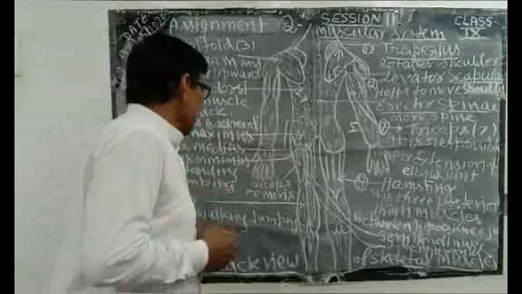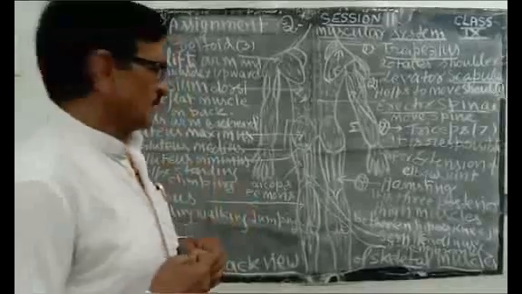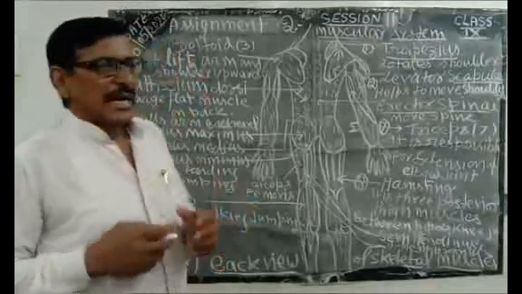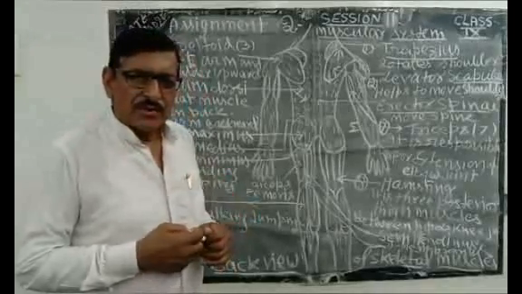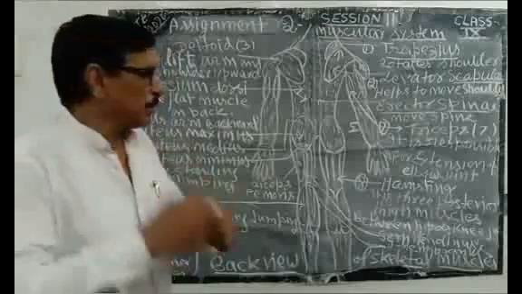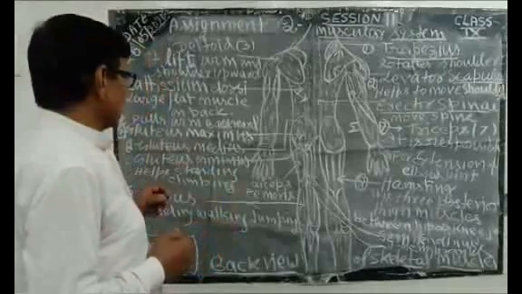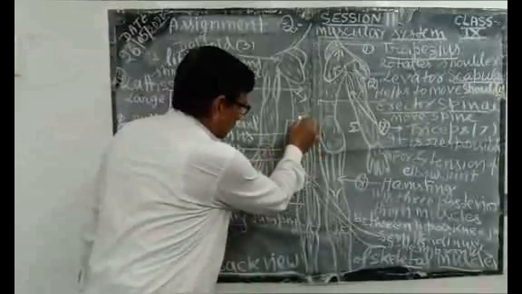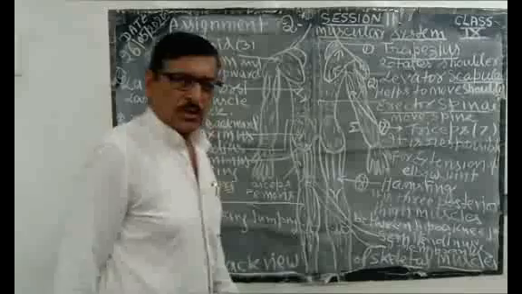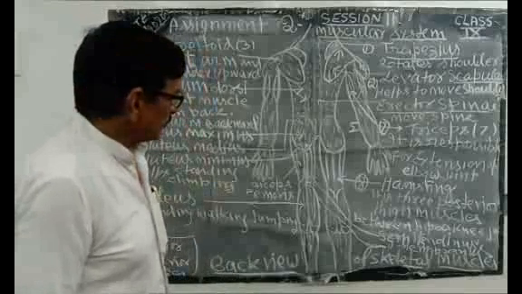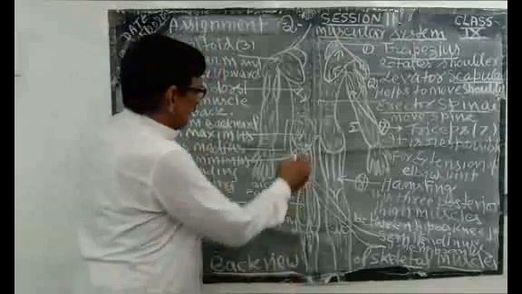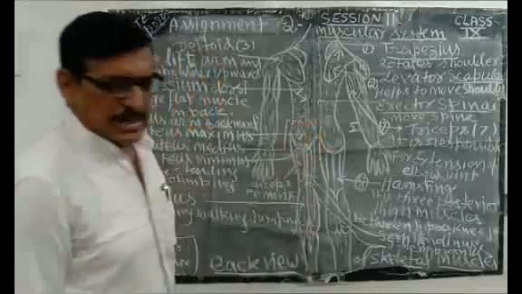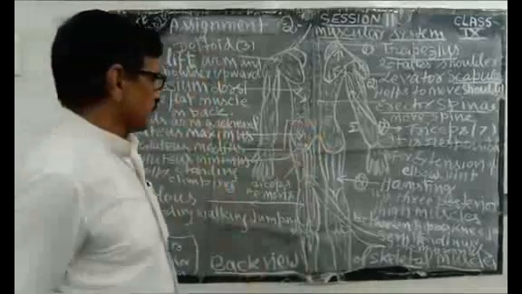Now, third step will be gluteus maximus. It is related with the hip muscles. When you study the hip muscles, we will get that this muscle is divided in three parts.